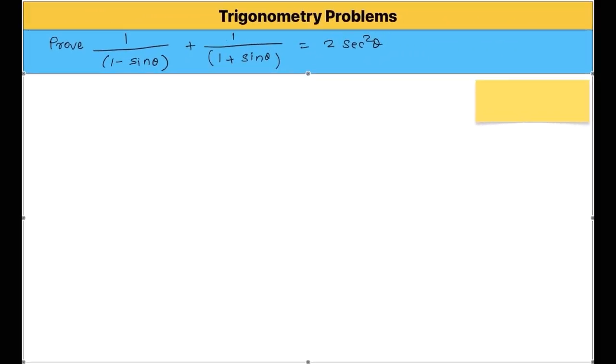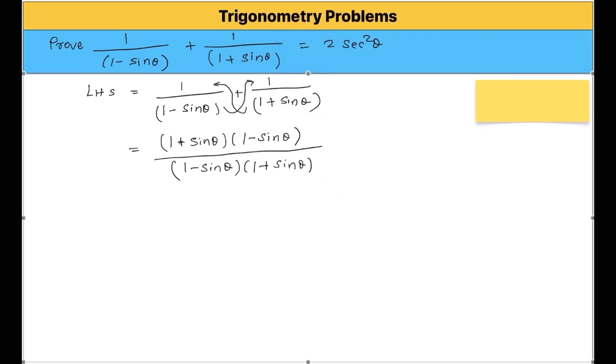We have to prove 1 upon 1 minus sine theta plus 1 upon 1 plus sine theta is equal to 2 sec square theta. Let's take LHS and simplify it. We will do addition, so we have to do cross multiplication for the denominators. 1 into 1 plus sine theta plus 1 into 1 minus sine theta upon 1 minus sine theta into bracket 1 plus sine theta.